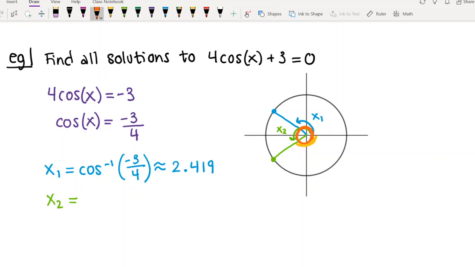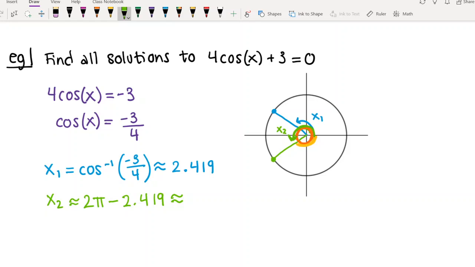So if we take the full circle of rotation and we subtract out the yellow part, that leaves us with the green part, right? The orange minus the yellow leaves you with the green. And so that tells us that we can find this angle by doing 2 pi minus what we found for x1.